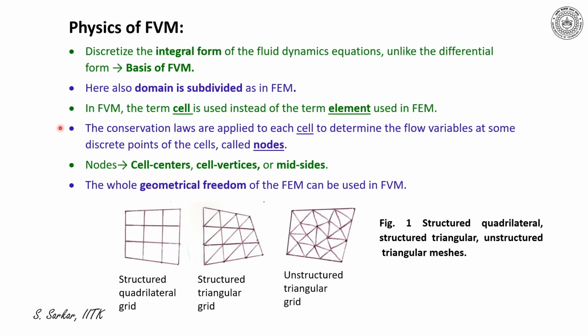In FVM, the term cell is used instead of the term element used in FEM. The conservation laws are applied to each cell to determine the flow variable at some discrete points of the cells, which are called nodes.